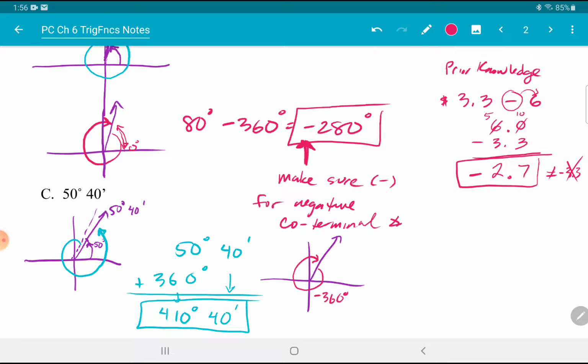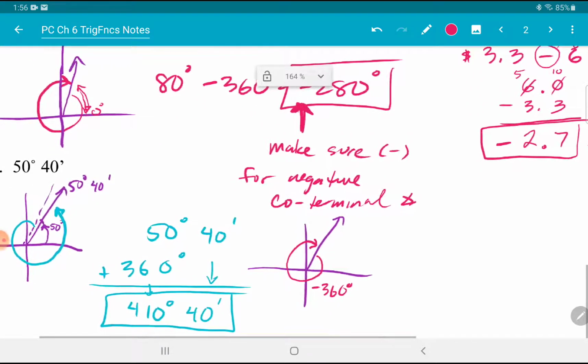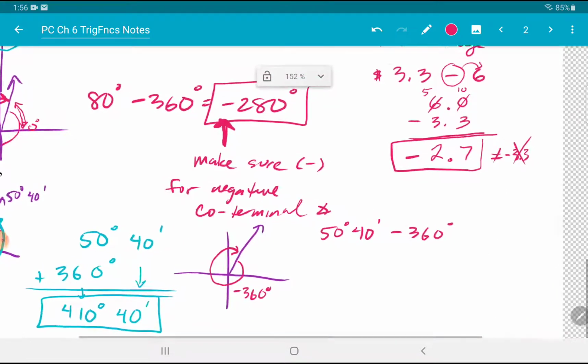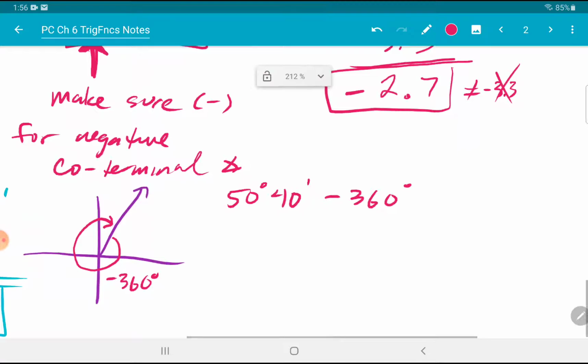Okay, so similarly, when it comes to doing the coterminal angle for partial degrees, you need to keep this in mind, that what we're trying to do here is you've got the 50 degrees, 40 minutes, and you want to subtract 360 degrees. Remember what we just talked about in terms of how you can actually subtract those numbers though, right?